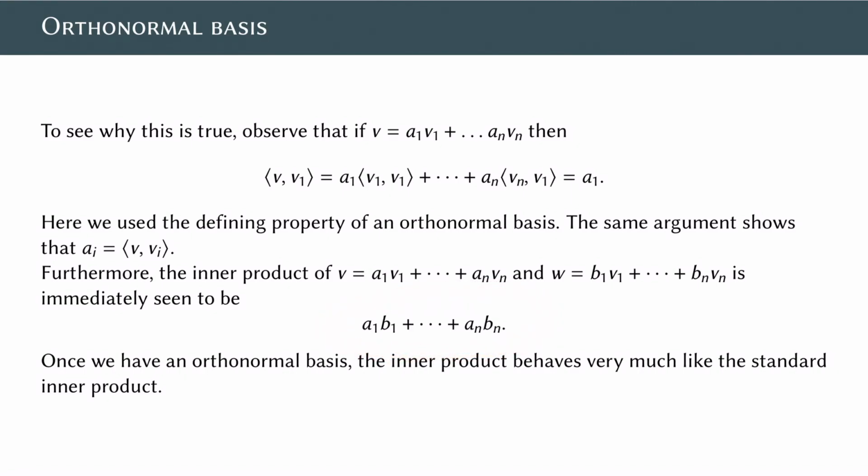So whenever you are in an orthonormal basis, the inner product behaves very much like the standard inner product on Rn or Cn. So the existence of an orthonormal basis is really useful for computational purposes.